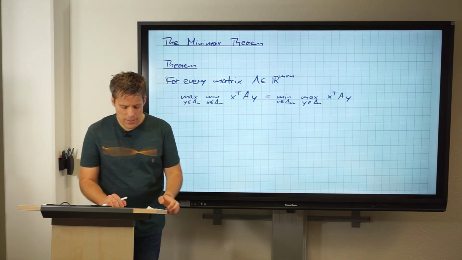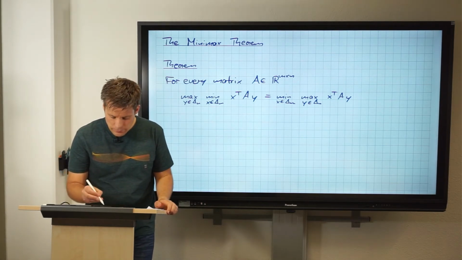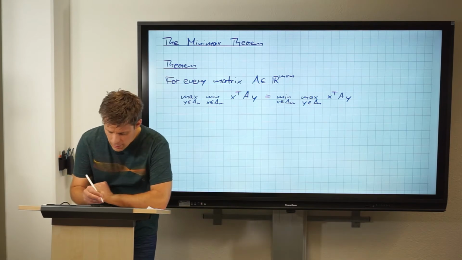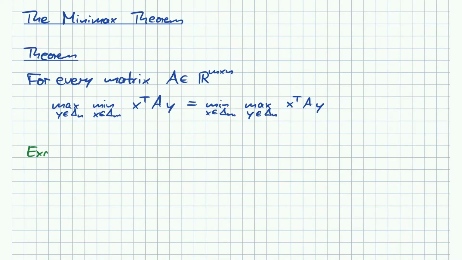Let's first see what this means for the example that we had before, namely rock, paper, and scissors. So what was the matrix?